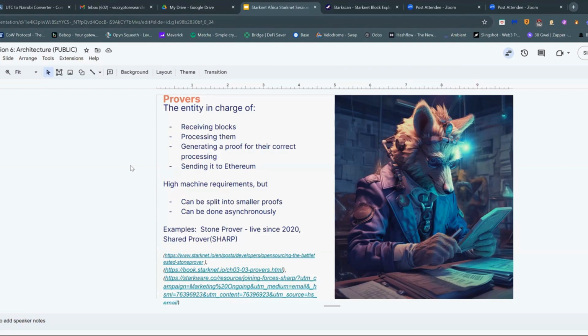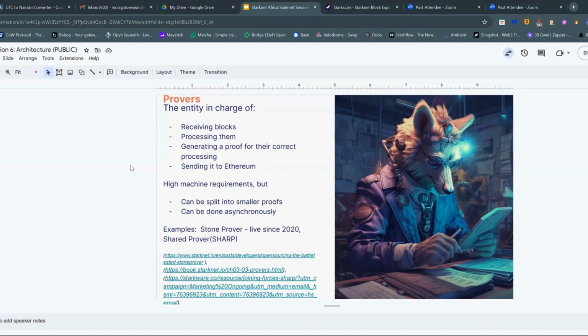So it's due to this that proof systems similar to what Starknet has are being developed for optimistic rollups, because these are the end game of proving that your computation is legitimate when you are scaling Ethereum on layer 2. So what does the prover actually do?